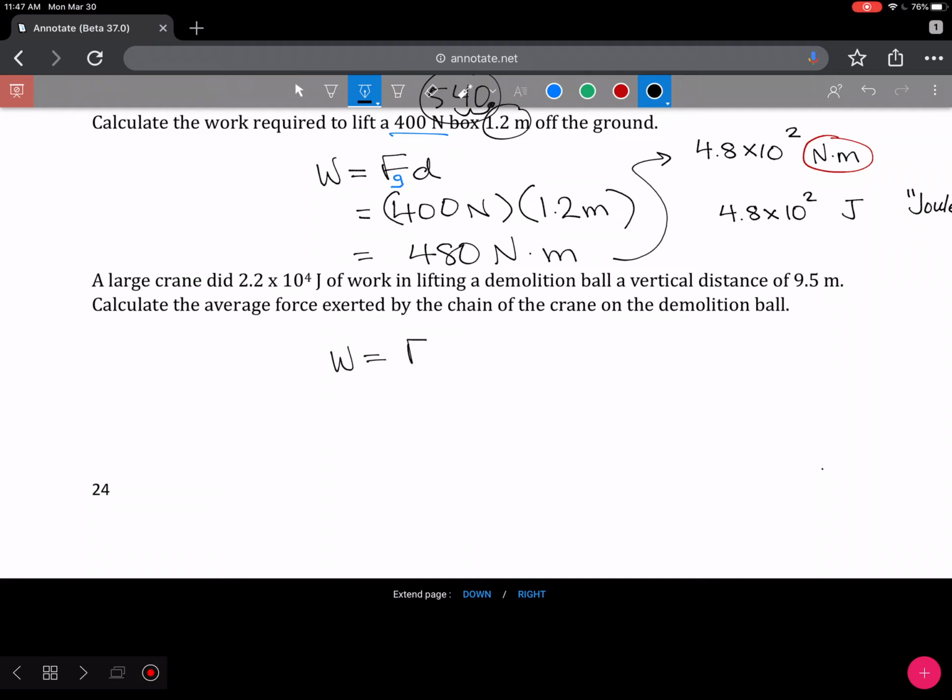So work equals Fd, and we are solving for force, so we just have to divide out distance. 2.2 times 10 to the 4 joules divided by 9.5 meters equals F. And remember that the joule is the newton meter, so the meters will cancel and you'll be left in newtons.